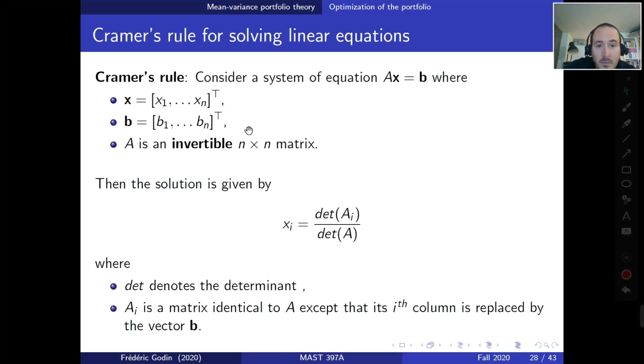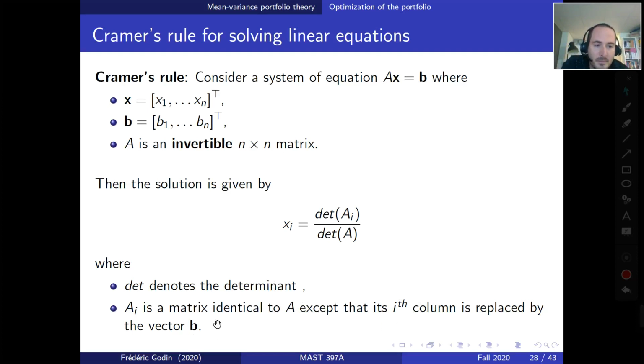The solution, as we said, is x equals A inverse B, but there's also the following representation for x. x_i, the ith element of vector x, can be shown to be equal to the determinant of A_i divided by the determinant of A, where A_i is a new matrix that we define by taking the matrix A and replacing its ith column by the vector B.